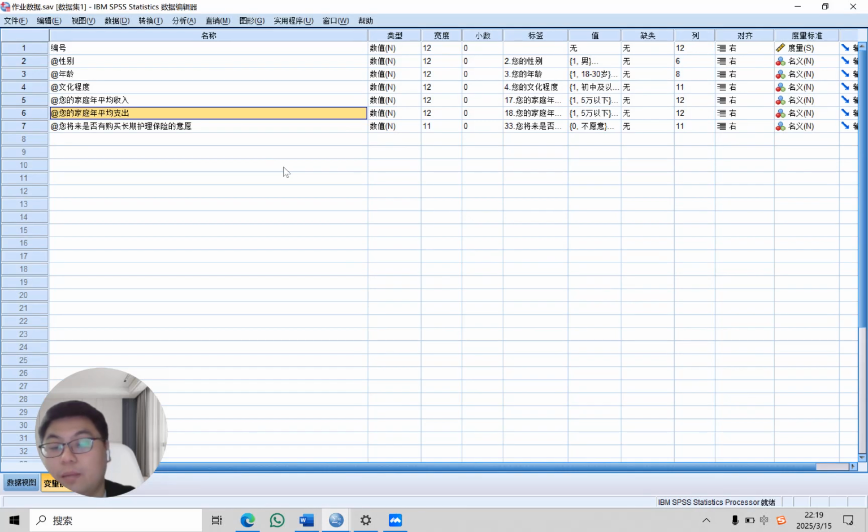Continuous variables are mainly divided into equidistant variables and proportional variables. There is a special type of equidistant variable called the Likert scale.